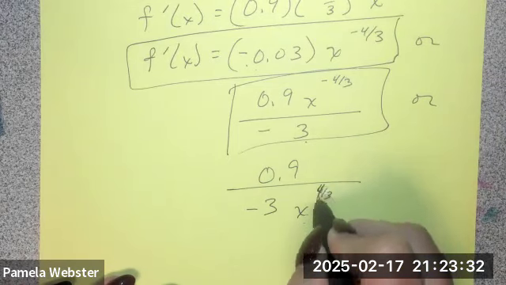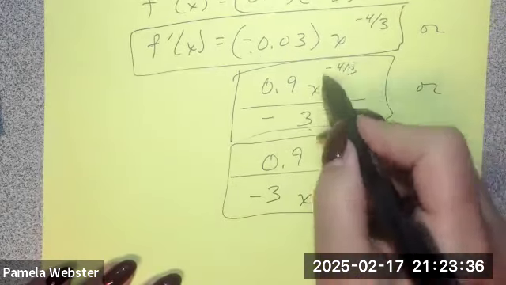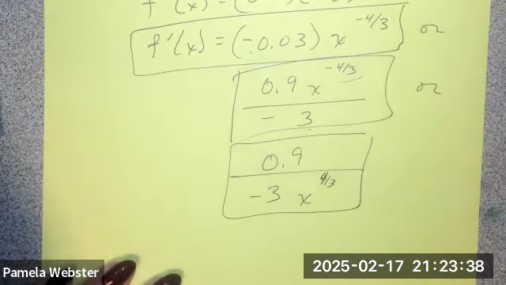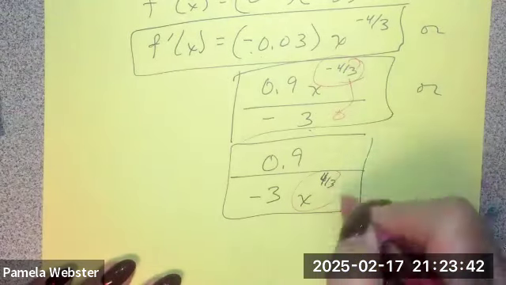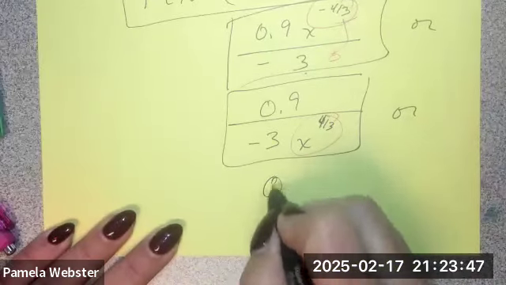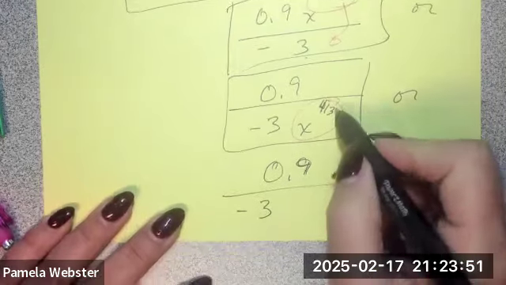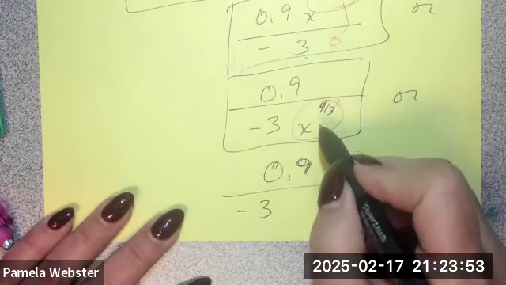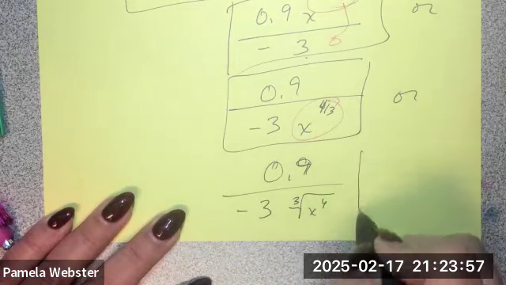The x to the 4/3 back on bottom. Because instead of a negative exponent, you can move that whole thing down to the bottom. And the last thing, some people even like to do this: 0.9 over -3 is to make this back into a radical, cubed root of x to the 4th.